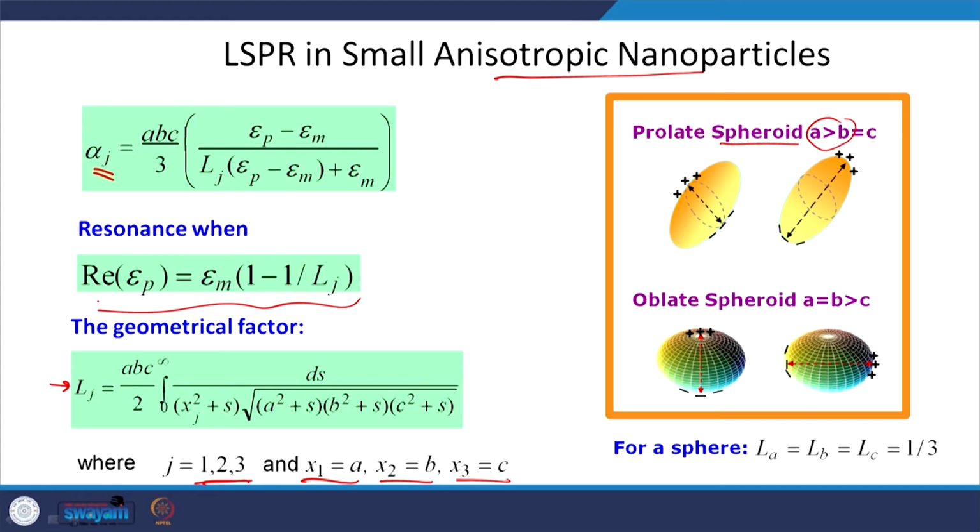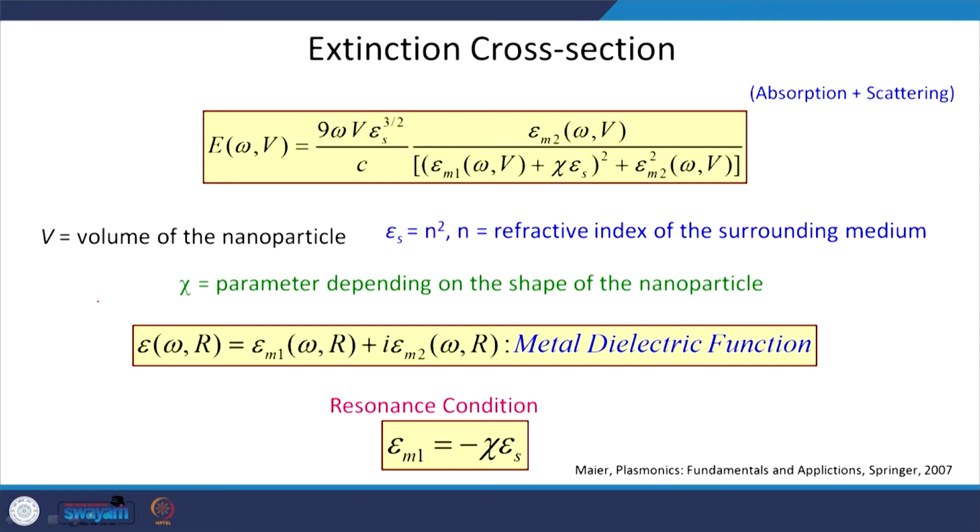and extinction. So, for example, to summarize it, we can write extinction with this equation, 9 omega by c into V. V is the volume of the nanoparticle, epsilon s is the dielectric function of the medium surrounding the nanoparticle.